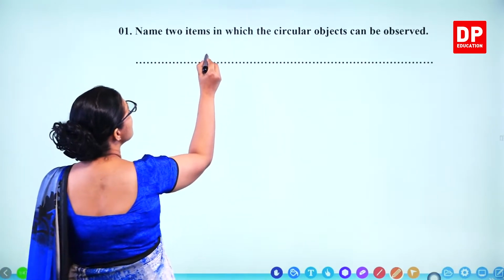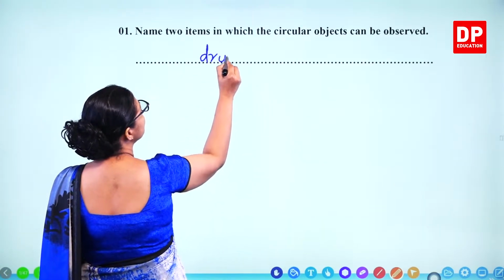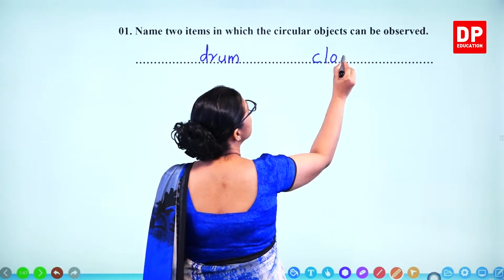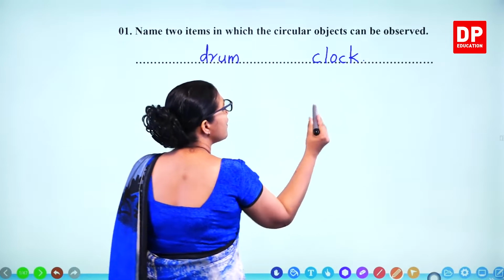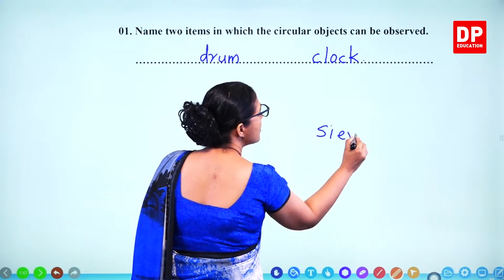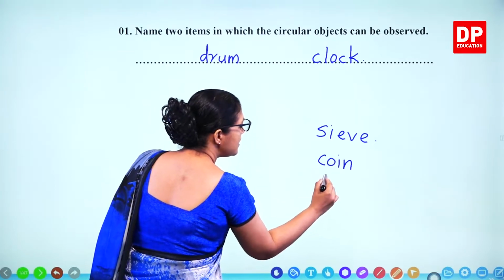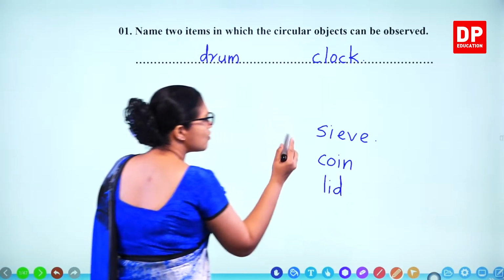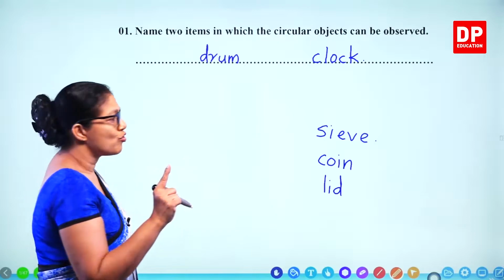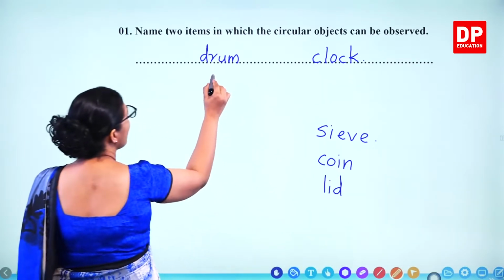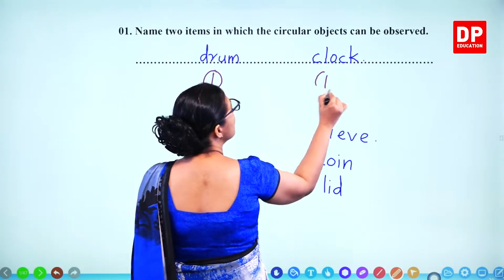So I'll write drum and then clock. So you can write anything. Sieve, coins, lid. So any 2 you can write. So you get 2 marks, 1 for each.